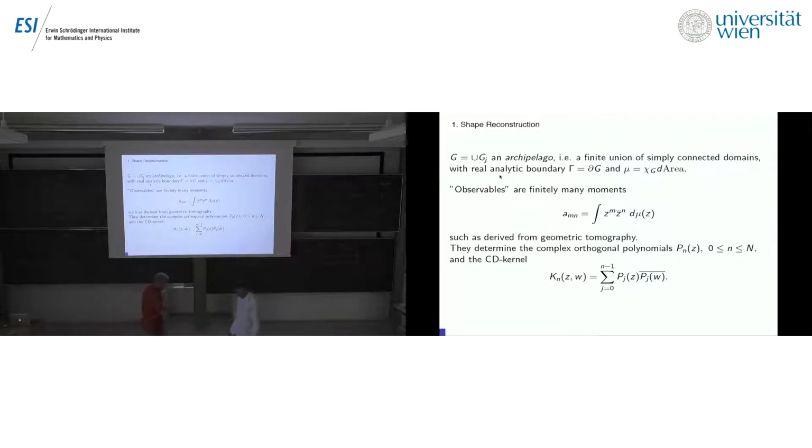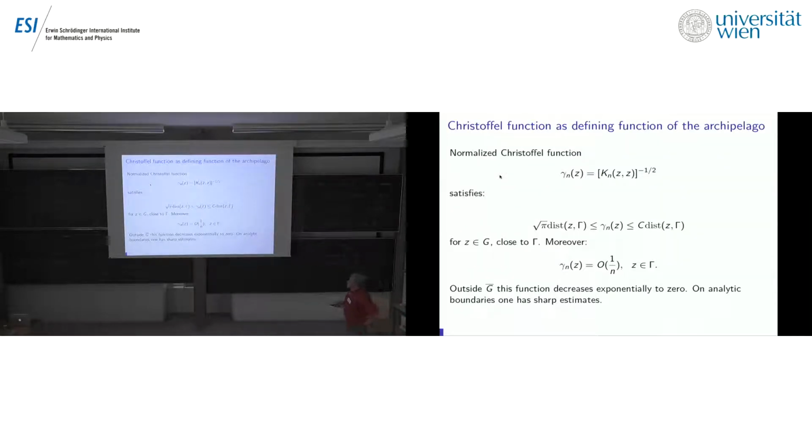So, first, we have a collection of islands. We call them an archipelago. And we want to reconstruct them from moments. We know the kernel. The normalized Christoffel function here is with a square root. What is important inside, if we have uniform mass, let's say on one of these islands, this behaves like the distance.